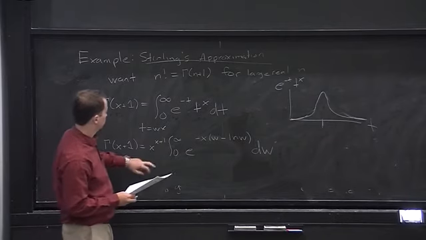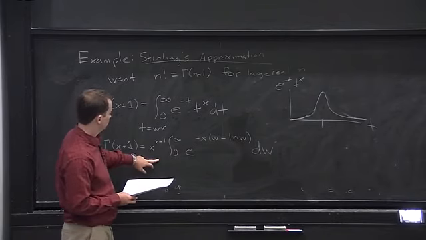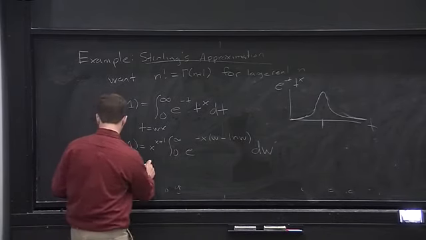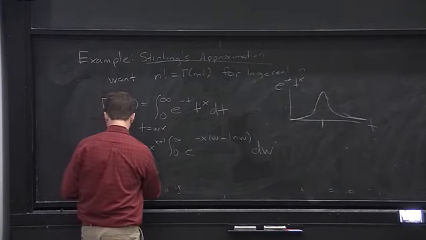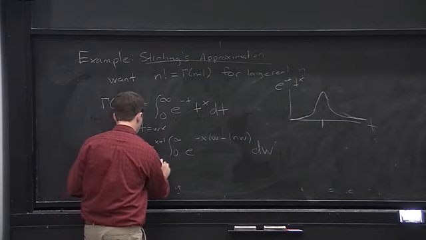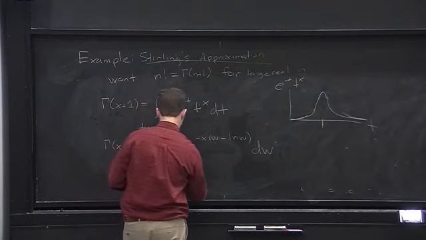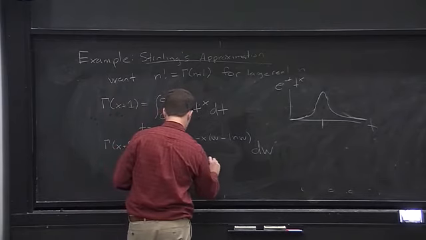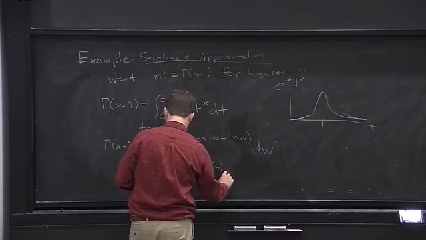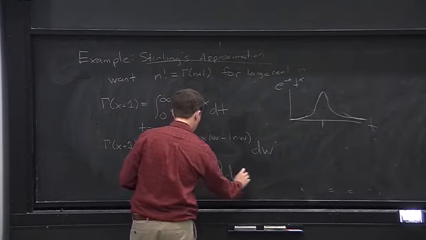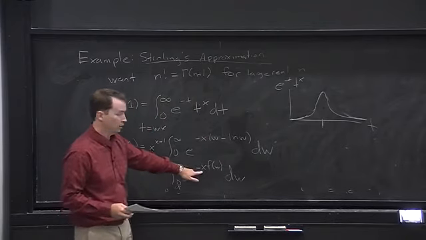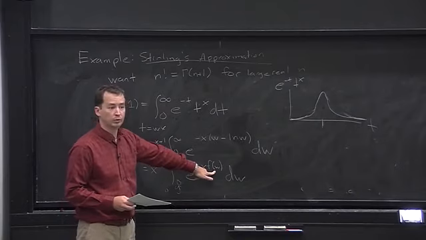And so the reason we made that change of variables is now our integral is in a form like this, where our expansion parameter is multiplying a function in the exponent.